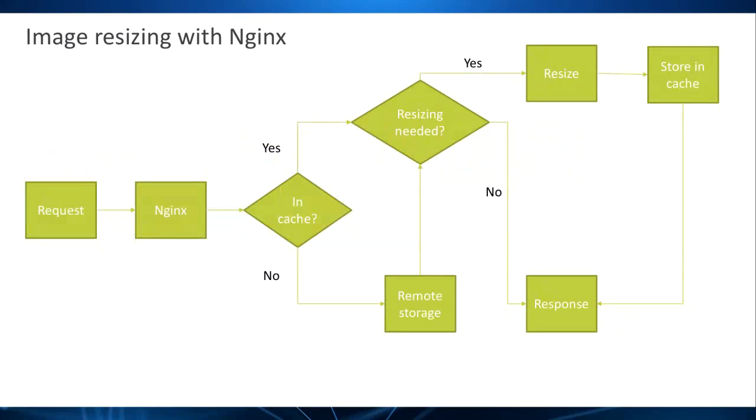Let's look a little bit deeper. How does image resizing work with Nginx? In this use case, all requests go through Nginx, and let's assume we have a request to retrieve an image. Once Nginx accepts this request, it will check if it is in cache. If the image is not in cache, it will try to get the image from the source.